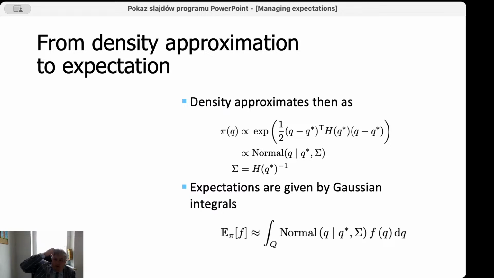So this is proportional to the normal probability distribution with a mean at the mode and the covariance matrix represented as the inverse of the Hessian matrix. And the expectations are given by Gaussian integrals, which are easier to compute because they will be the function multiplied by the Gaussian, and this is something that we can handle.